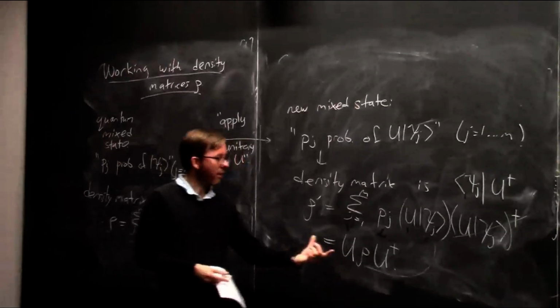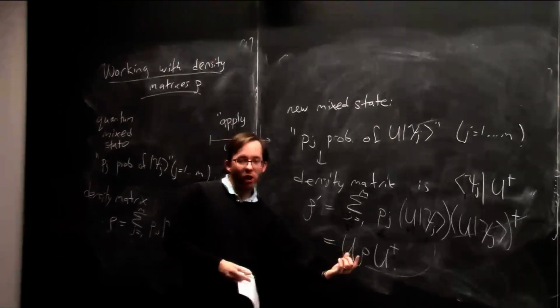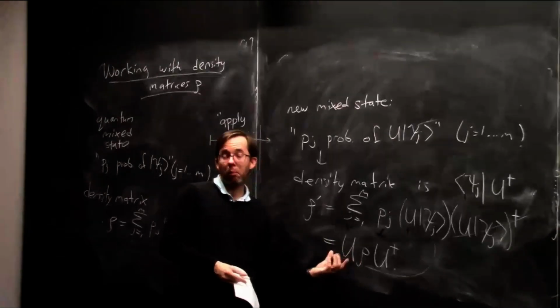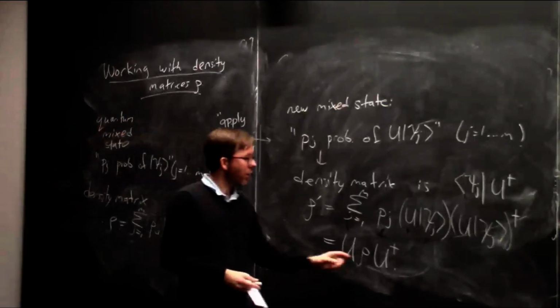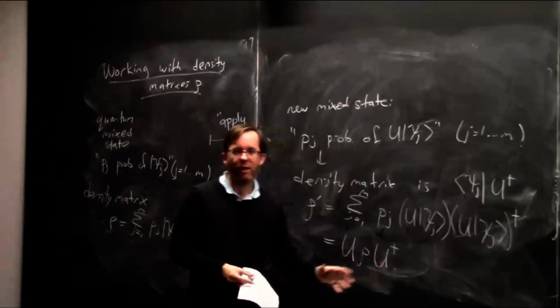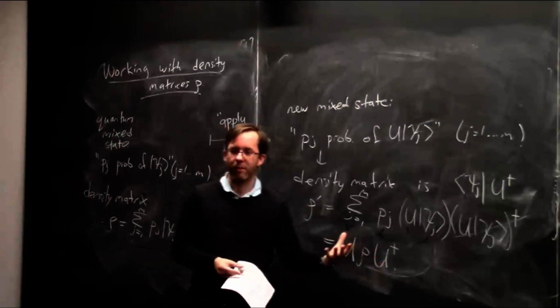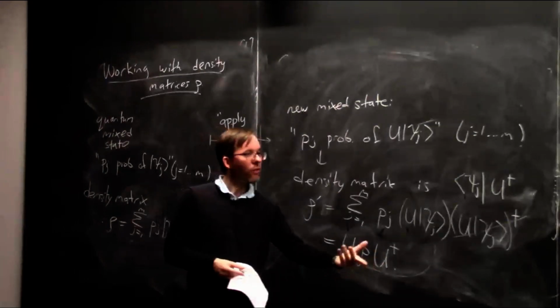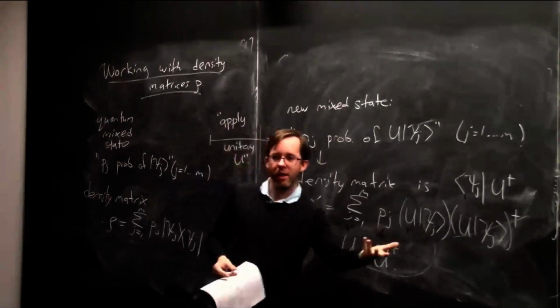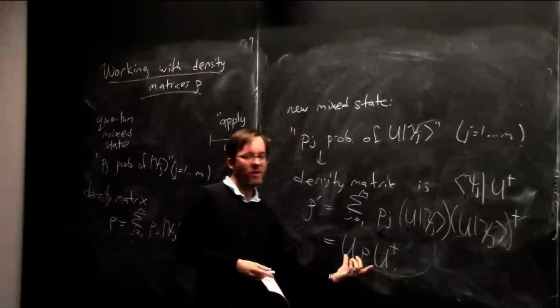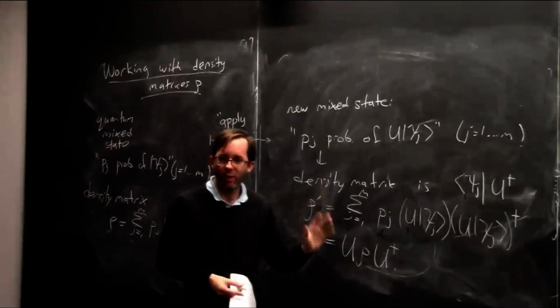The math nerds would call this conjugating rho by the unitary matrix U. These are all operators, right? And this is a natural operation. Rho is a matrix, so it's some action on d-dimensional vectors. And this is like, first rotate space by U, then do the action, then rotate space back by U. So it's kind of like saying, do the same action, but in a twisted view of space.